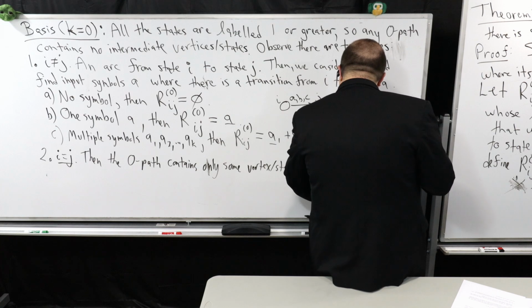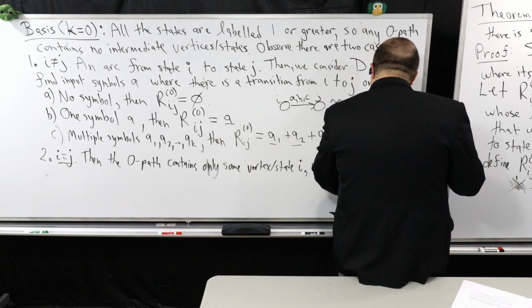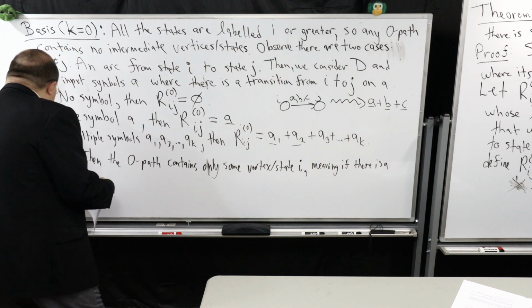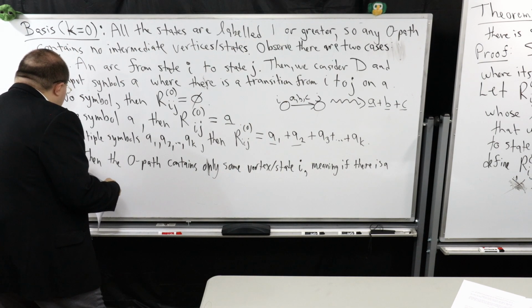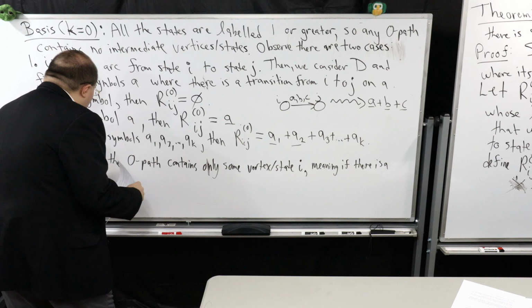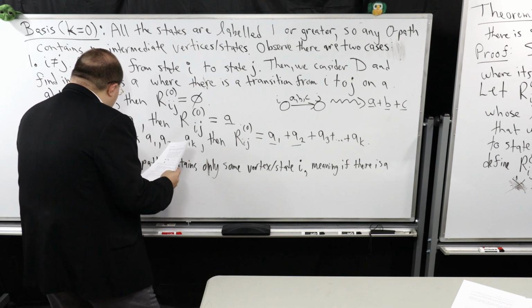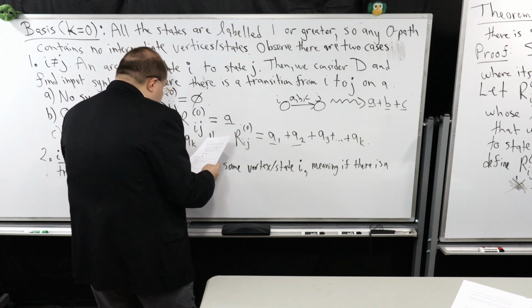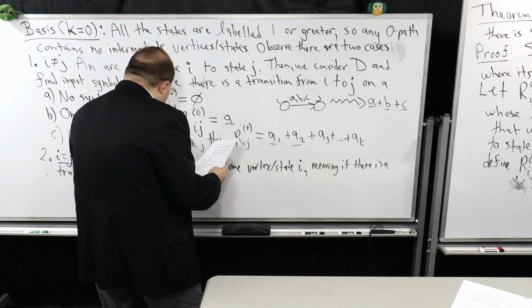Meaning, if there is a transition on symbol A, it will be a self loop.